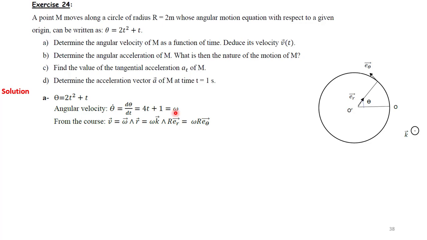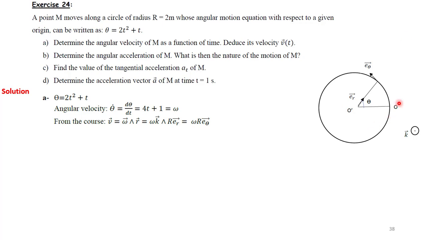And we have to deduce v. V is in fact equal to omega cross r. Omega that we found can be written as omega in magnitude times the unit vector k. Why is it along k?